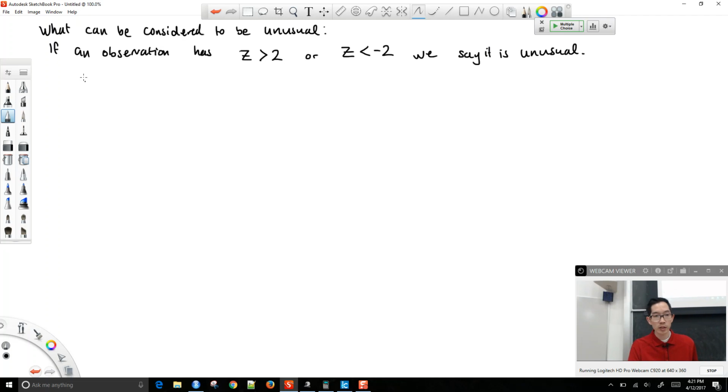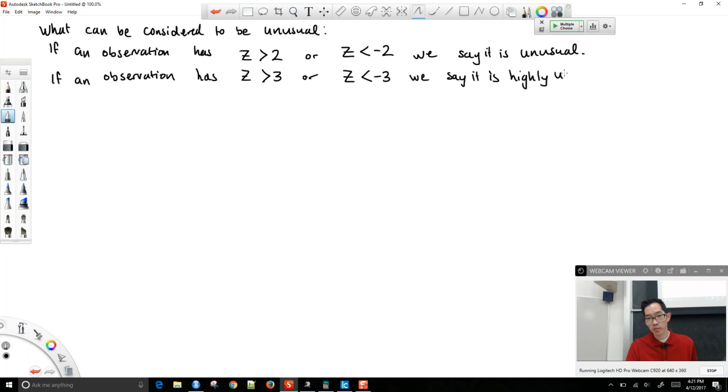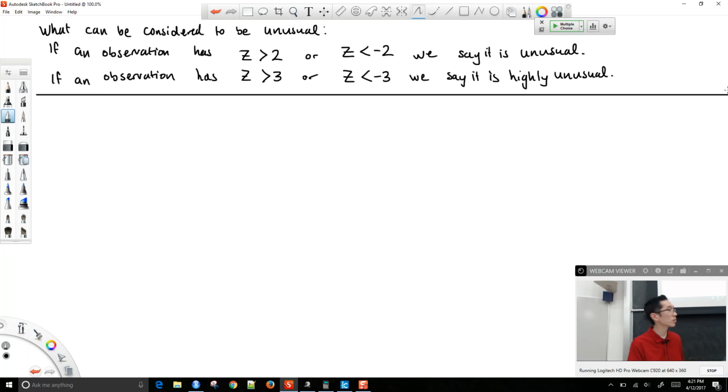And if an observation has z greater than 3 or z less than -3, we say it is highly unusual.